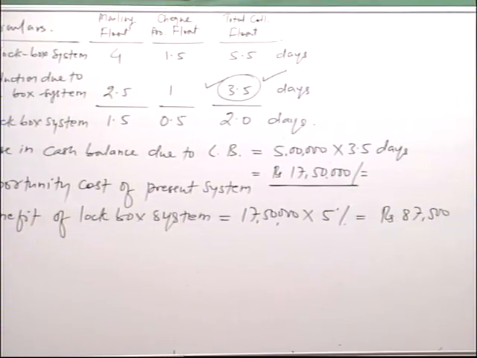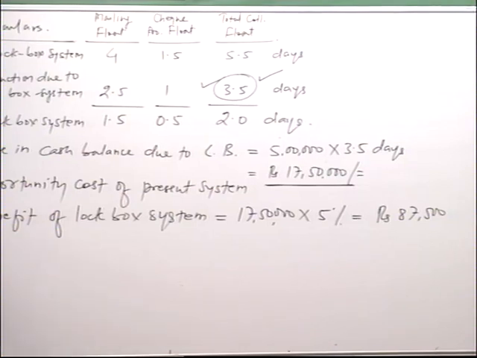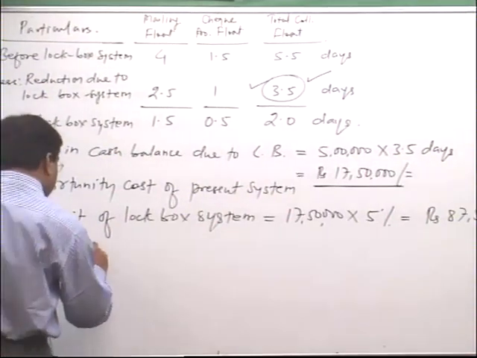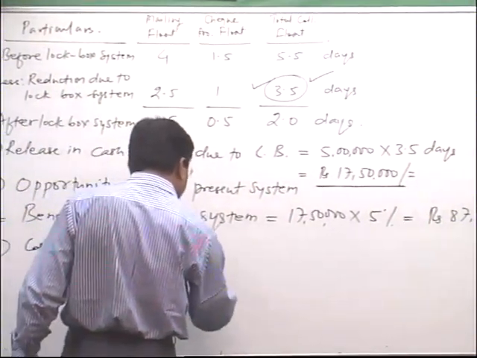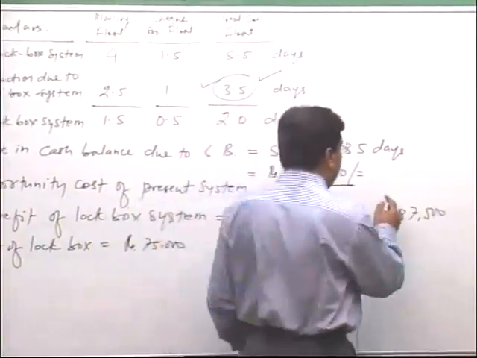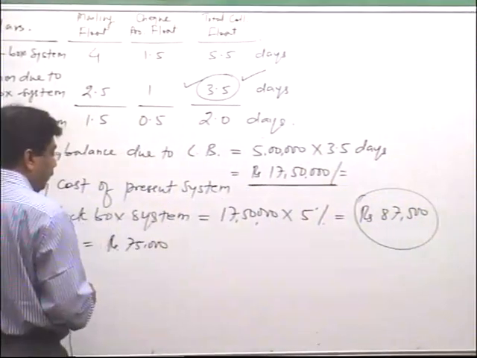Now the third question is, if the annual cost of installation of this lockbox system is 75,000, should such a system be initiated? So the third answer: cost of lockbox is equal to rupees 75,000, and we know that the benefit of the lockbox system is 87,500 per annum.